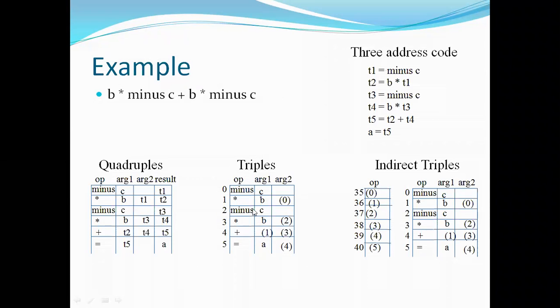I am using reference pointers, and these pointers refer to the sequence numbers in the symbol table. Here the triples have only 3 fields: operator, argument 1 and argument 2.